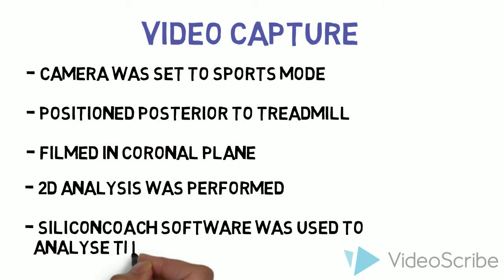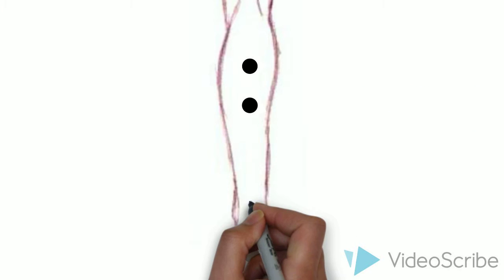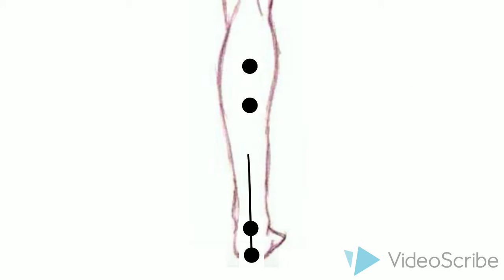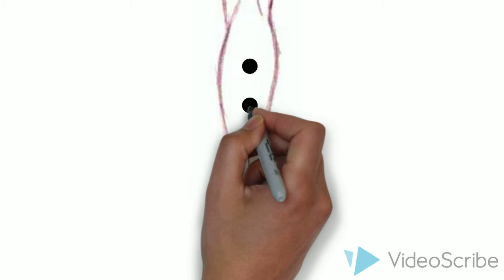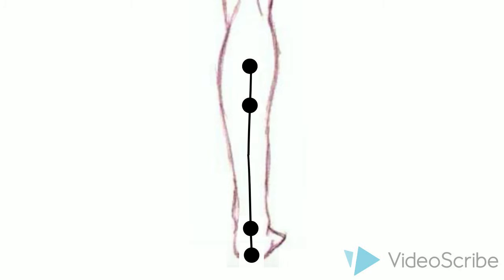To undertake the kinematic analysis, the collected data was uploaded in its raw form to Silicon Coach. Between markers 1 and 2, a line was constructed and was extended superiorly. In the same way, between markers 3 and 4, a line was constructed and extended inferiorly.